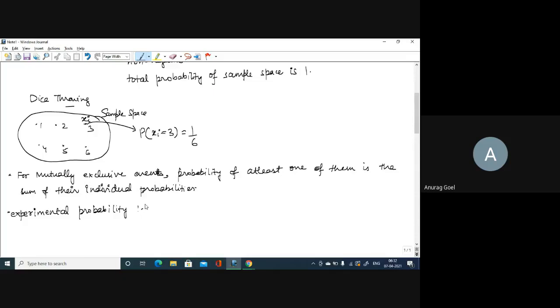In that case, we are conducting an experiment, and we calculate the probability of a particular event based on the frequency of that particular outcome out of all the events.